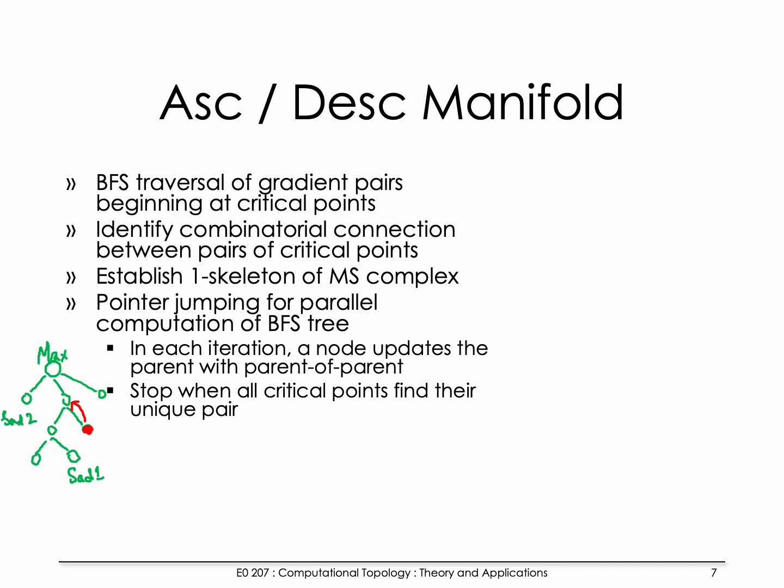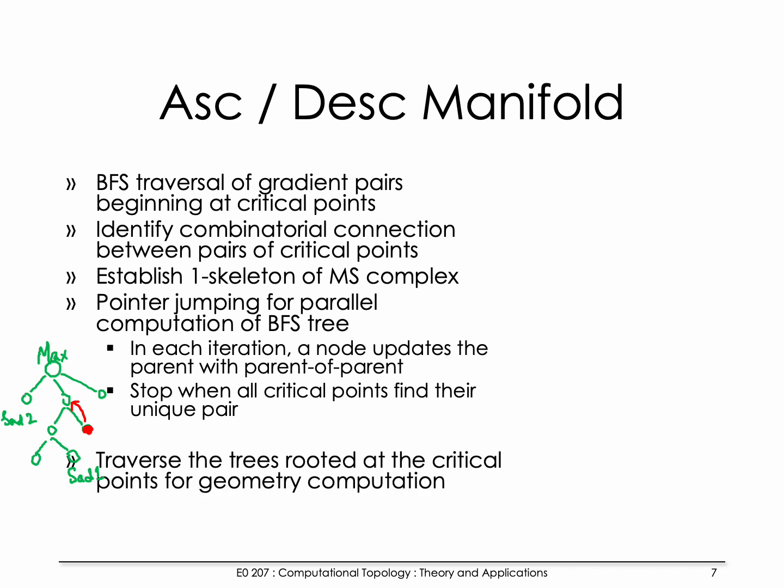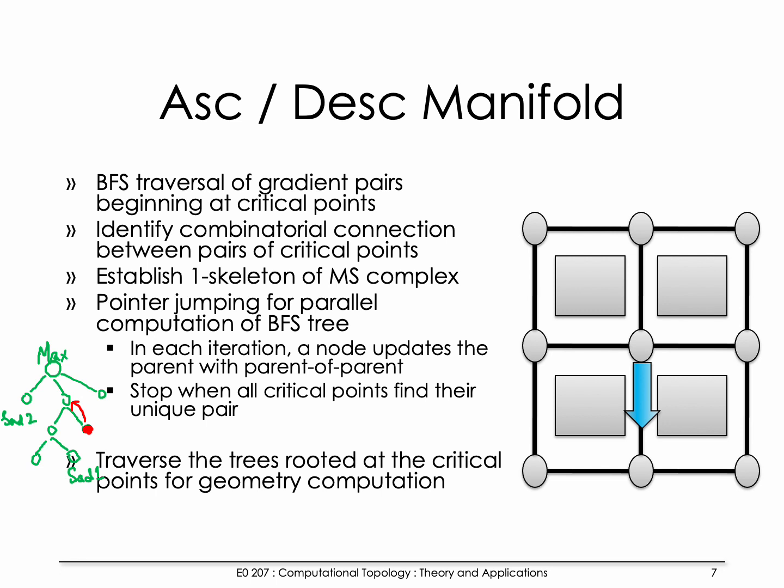So now that we have computed the combinatorial connections, computing the geometry is fairly straightforward. We can reuse the breadth first search tree to extract all the cells that belong to the Morse-Smale complex. So let's look at this example again from the previous lecture to illustrate this point.